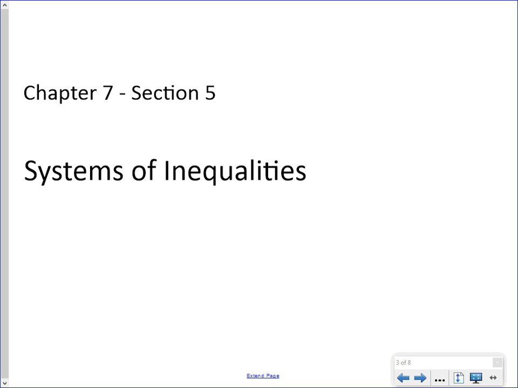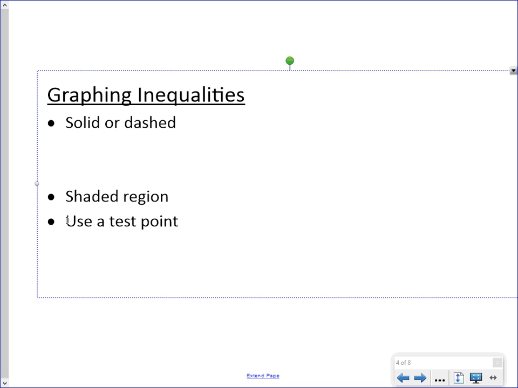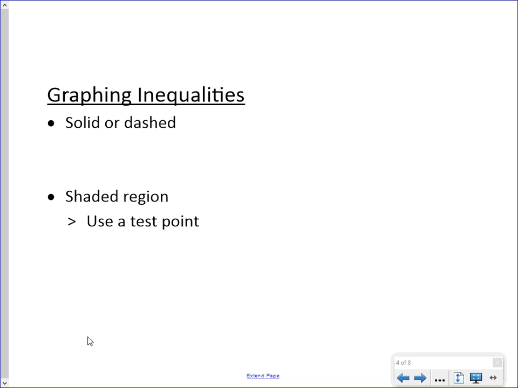Okay. So here are some things to note about graphing inequalities. Obviously, you're going to have that whole question of open, closed, but in terms of a two-variable graph, it's going to be, is it a solid curve or a dashed curve? And I call it a curve today because in Algebra 1, maybe Algebra 2, everything you did was linear.